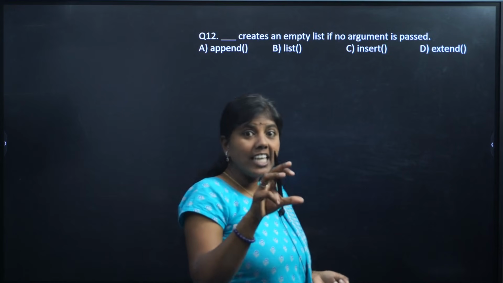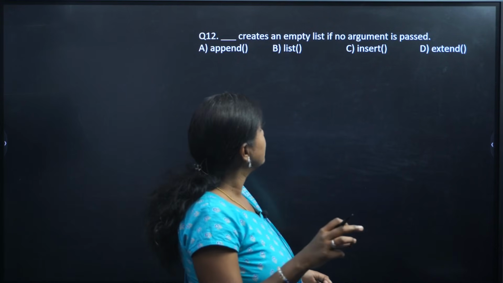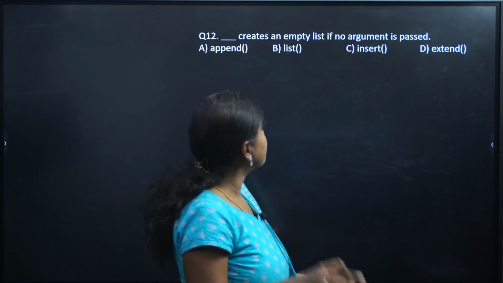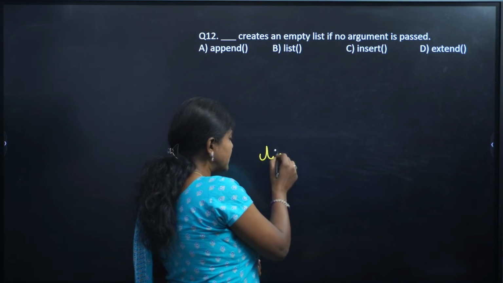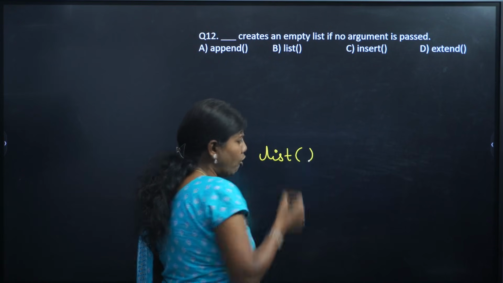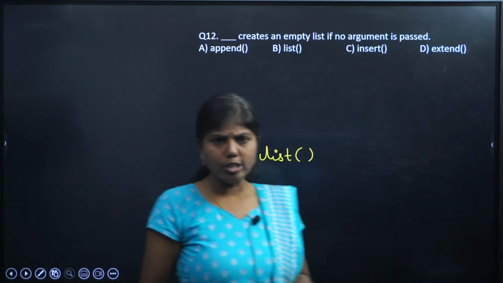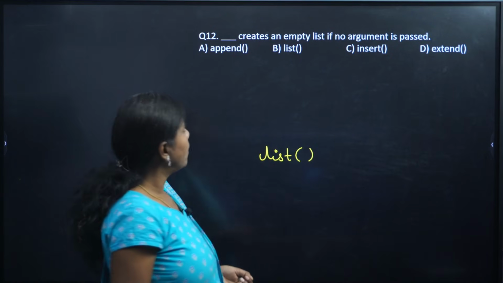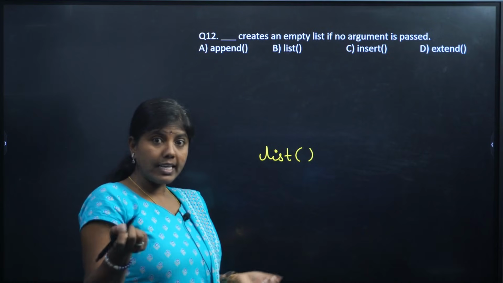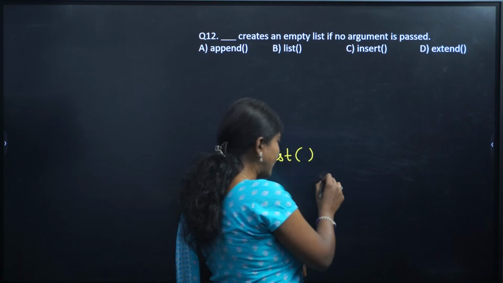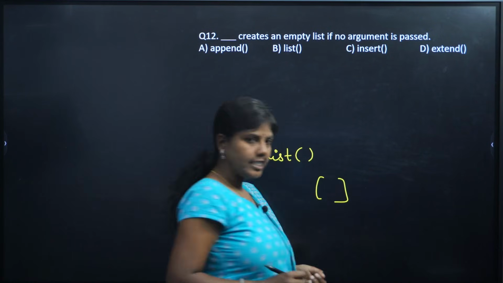Dash creates an empty list if no argument is passed. Very simple. What is the question? It's going to be list(). So what exactly is it going to give you? It should create an empty list.